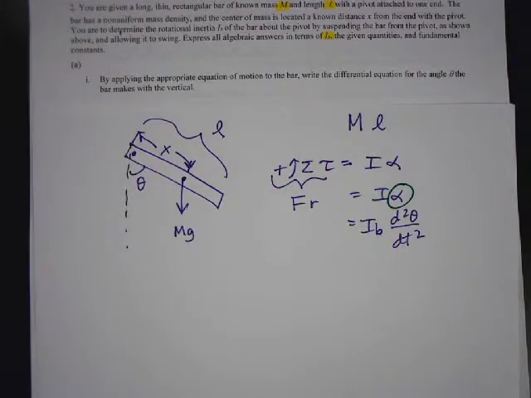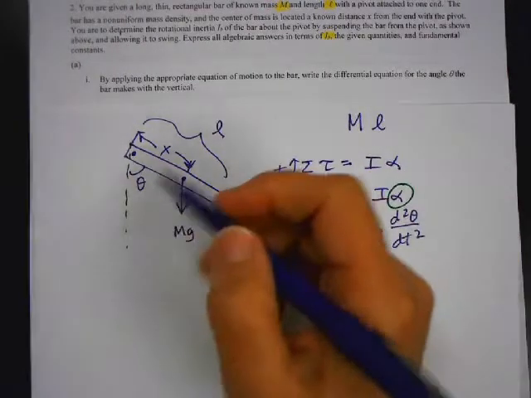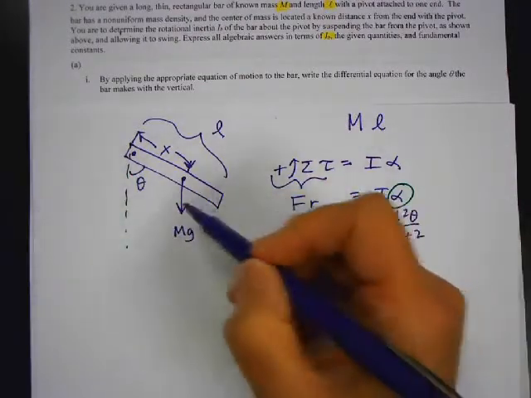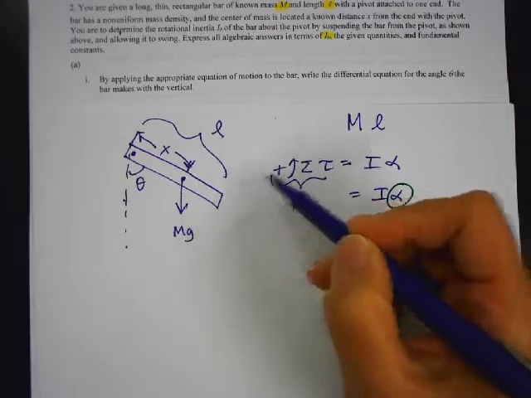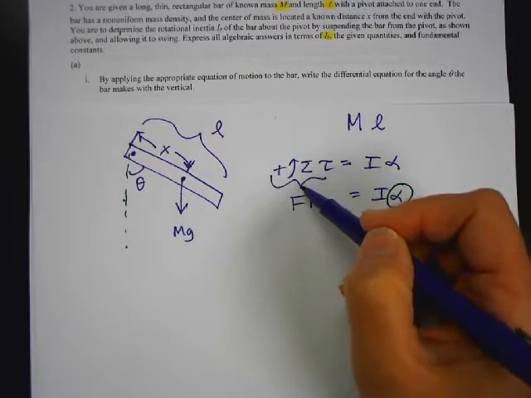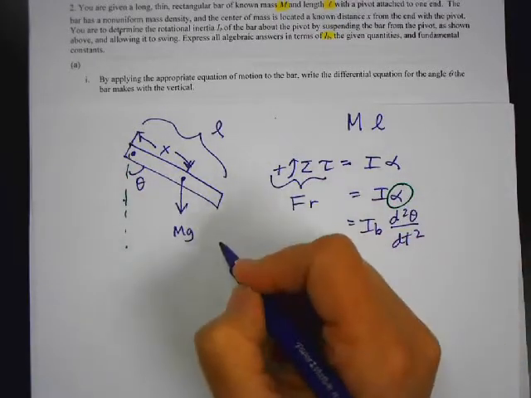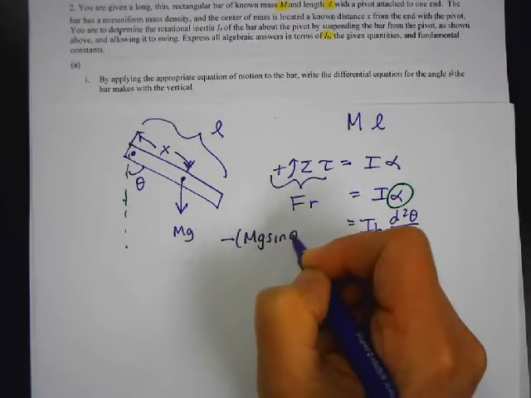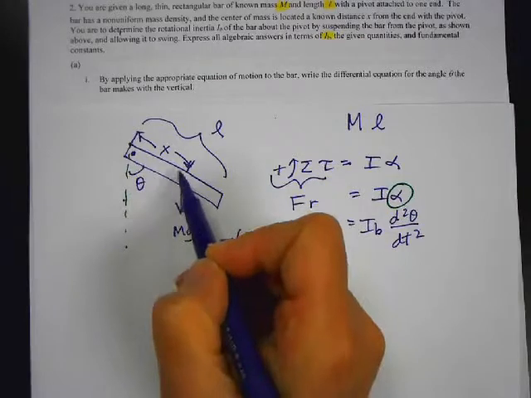Now, according to my sign convention, here's my force. When I'm doing the force from this distance to the axis of rotation, because counterclockwise is positive, that's going to be negative. So my force is going to be mg sine of theta times the distance.